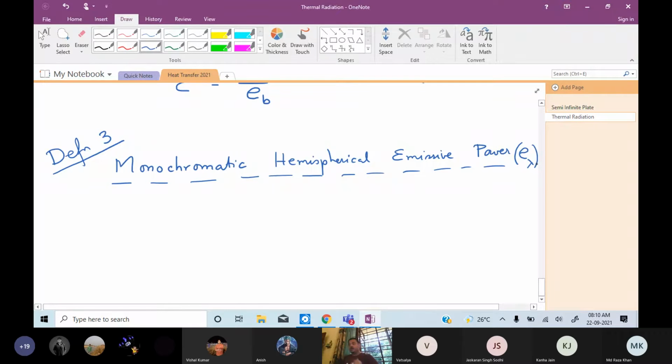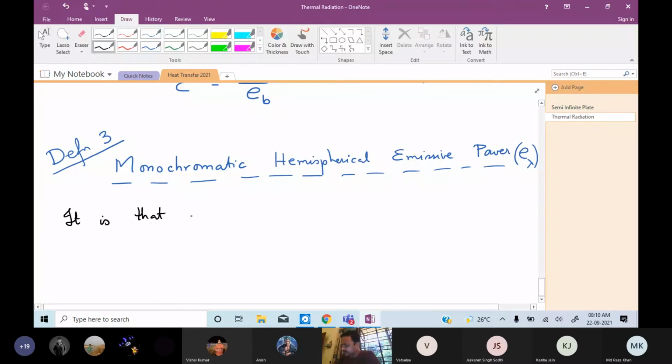Now, what do I mean by this? It is not easy. There is no closed form concise definition. It's a very loose, very amateurish definition.